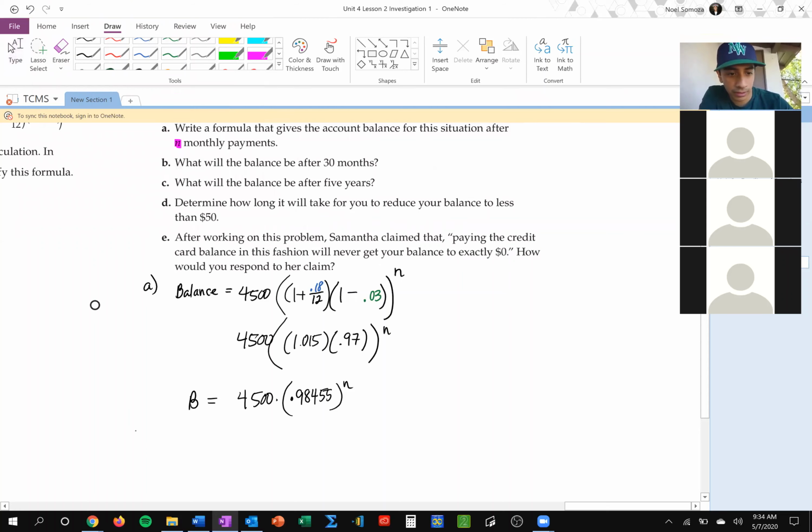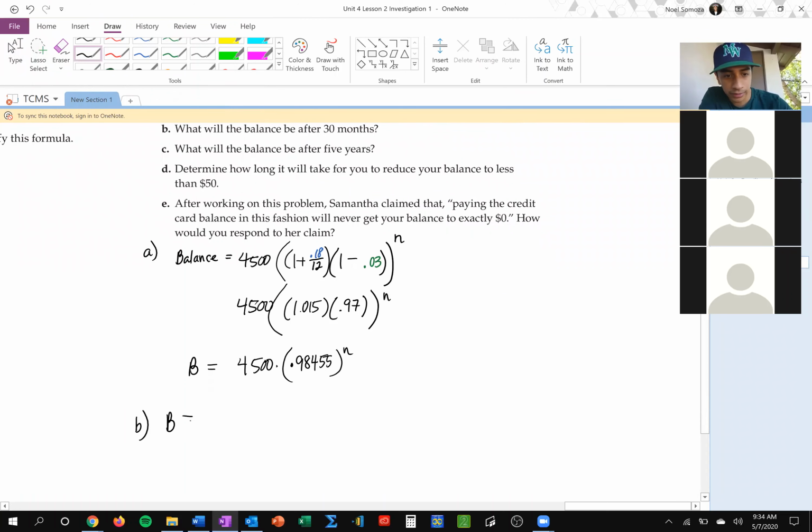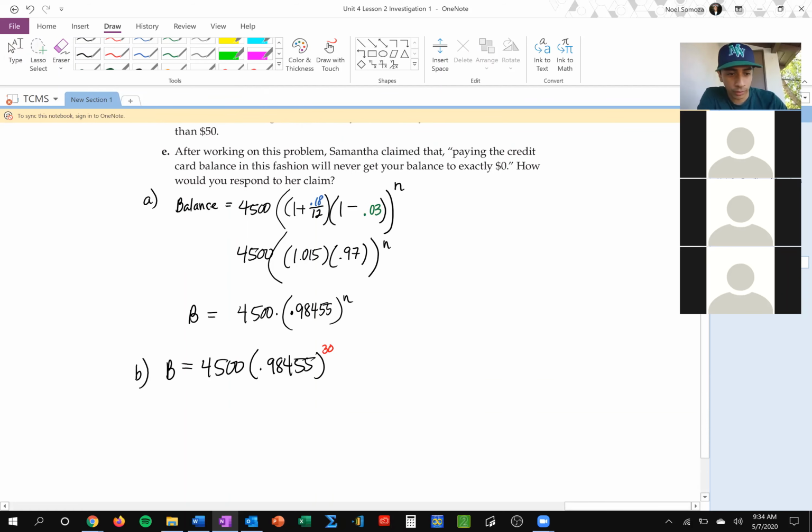For part B here, we have our equation. The balance is going to be 4,500 times 0.98455, and this time we can change n to the 30th. That's going to be the balance. Let's find out.